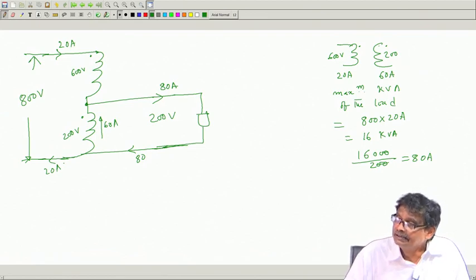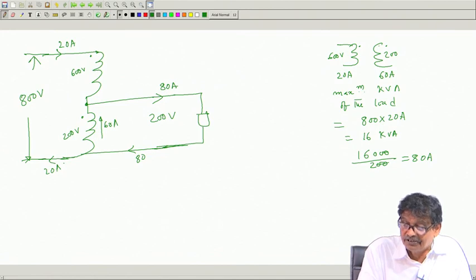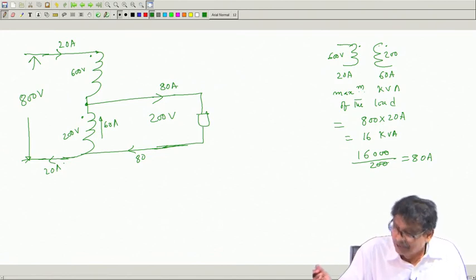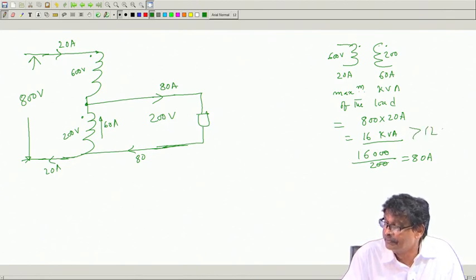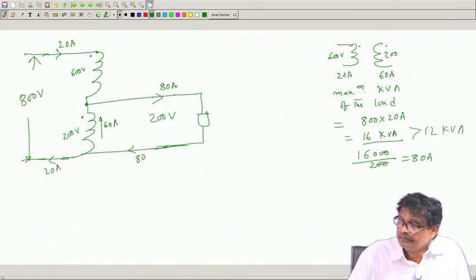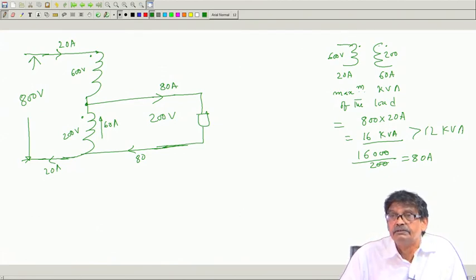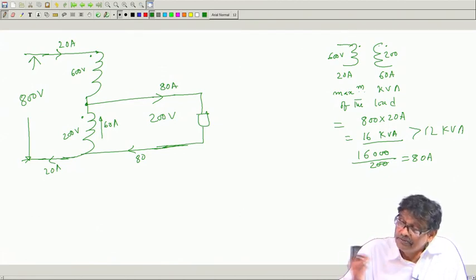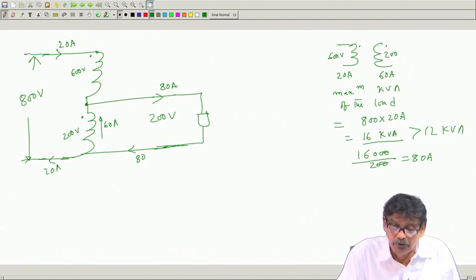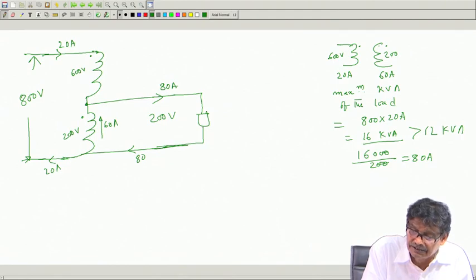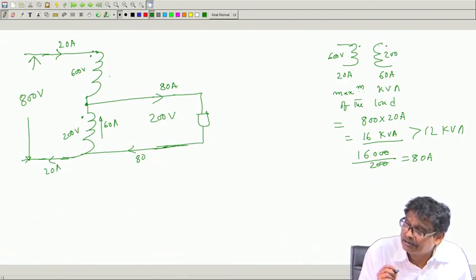So, once again it is kVA handled by the transformer this time is not 48 kVA, it is 16 kVA, which is greater than 12 kVA. How much kVA is conducted by conduction? The kVA transferred magnetically, by transformer action, will be 12 kVA, whatever is the 600 into 20.